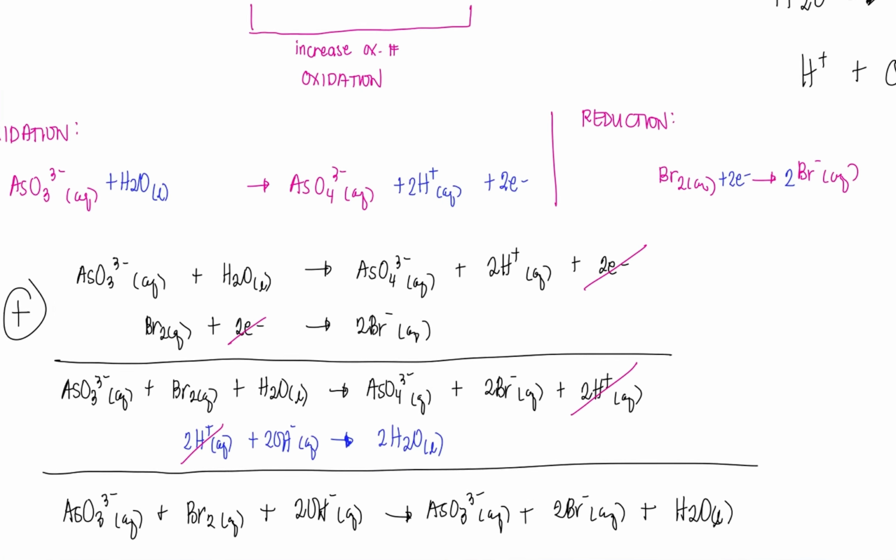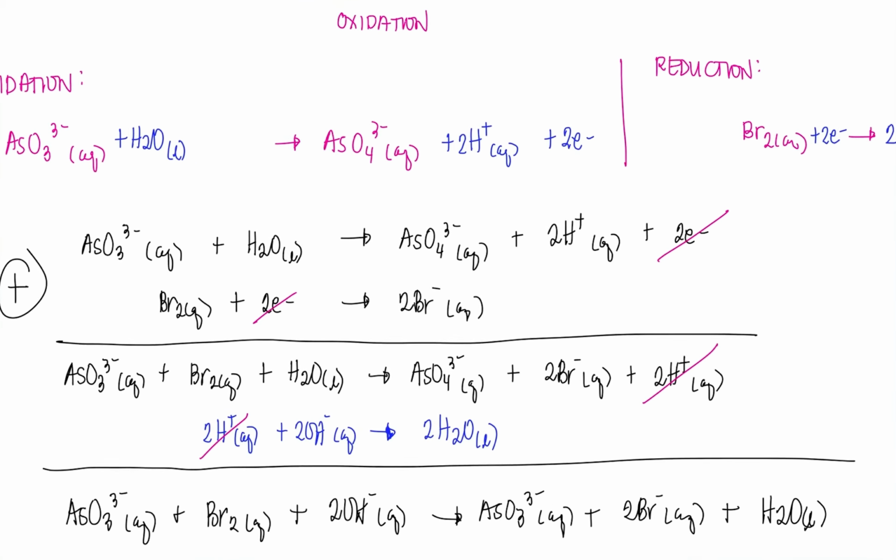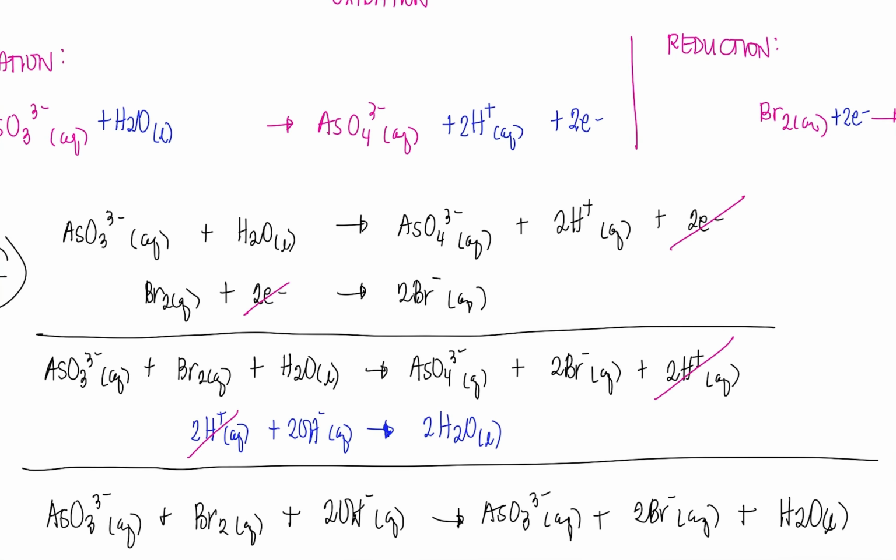So, let's try to check if our answer is balanced. For arsenic, we have 1 on the left, and we also have 1 on the right. We have 2 bromine atoms on the left, and we also have 2 bromine atoms on the right side. So, for oxygen, we have 3 plus 2, so that's a total of 5.